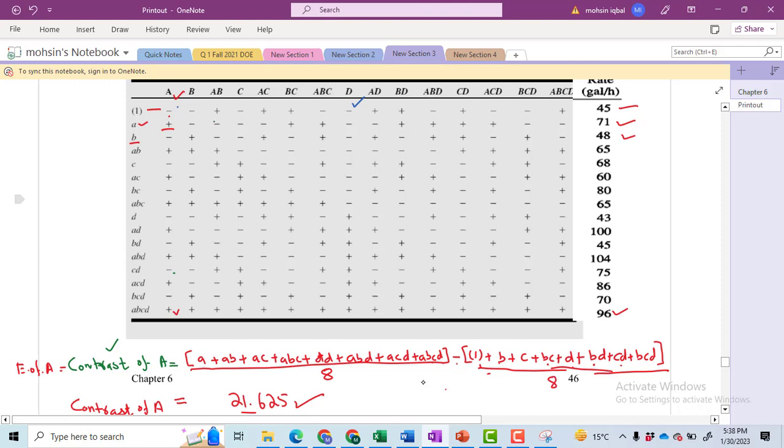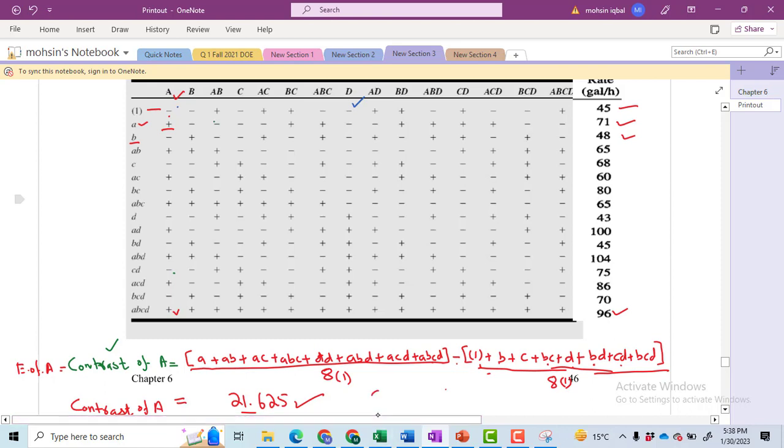We have only one replication, so 8 multiplied by 1 and 8 multiplied by 1. In case I have 2 replications, then I will have to write 2 here. So this is the formula for the effect of A. In short, you can calculate the effect of A using the contrast of A.